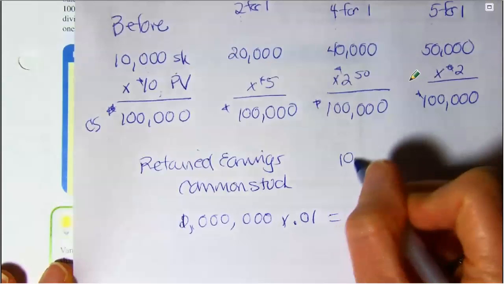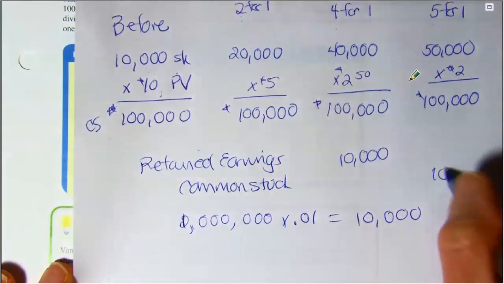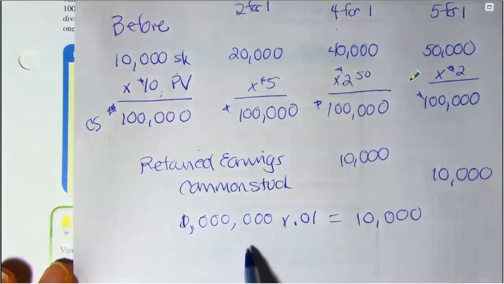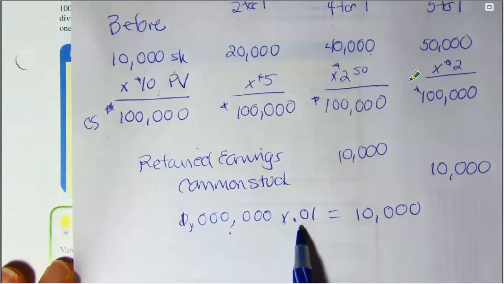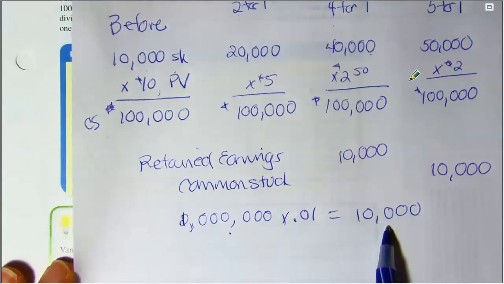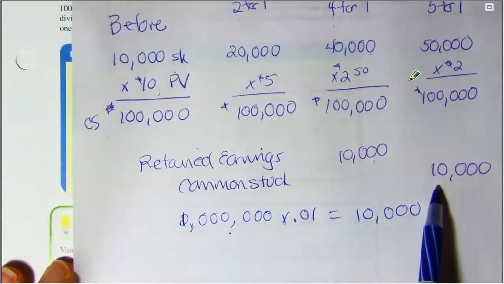So we would debit retained earnings and credit common stock for the number of new shares that we're issuing, 100% of the existing shares. 100% of a million is another million. We multiply it by the par value, 10,000. We're going to take it out of retained earnings and put it into common stock.